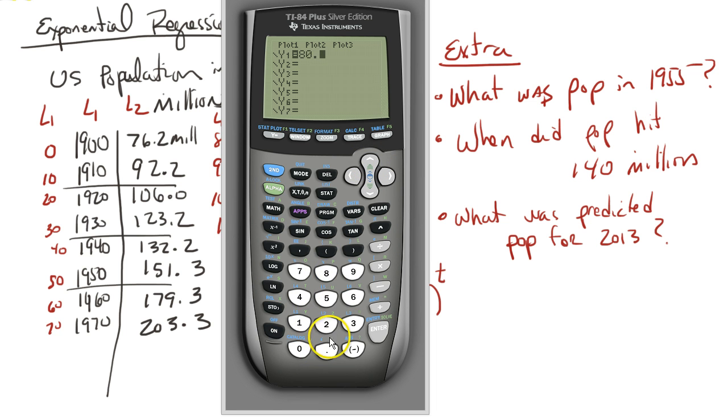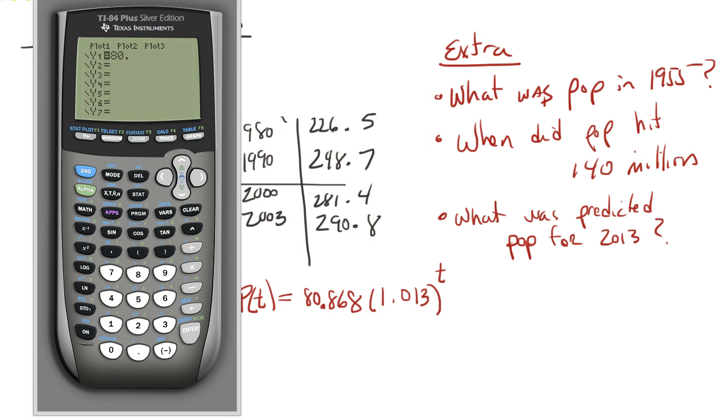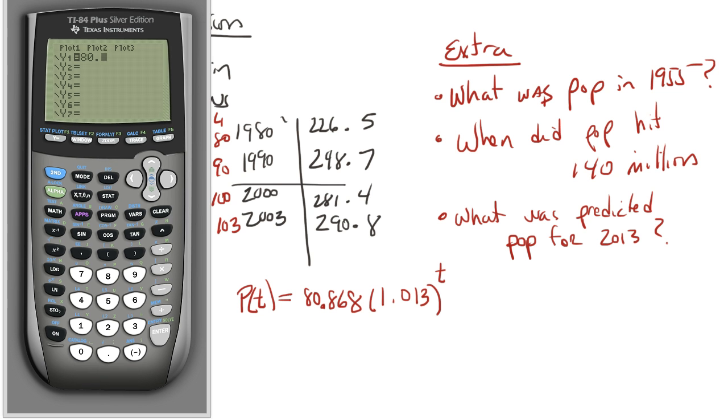So 80.868 times 1.013 to the t. We're going up to like 100, and I can see the number is going to be at like 290-ish.